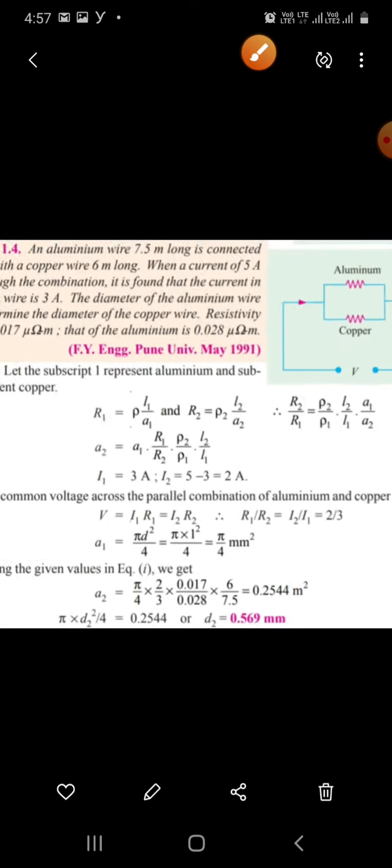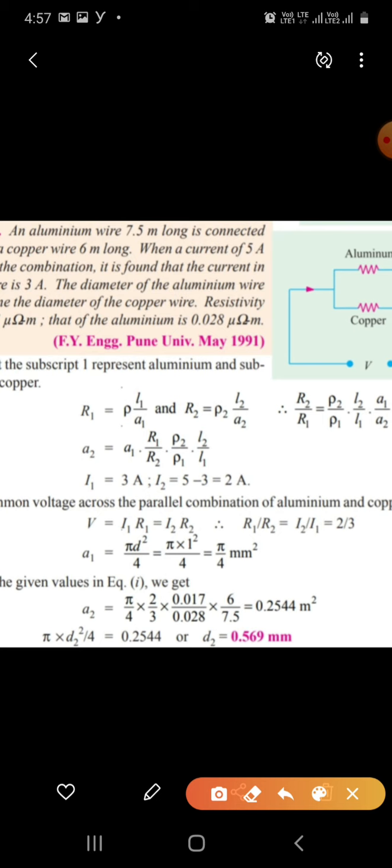Here is another thing I want to tell in this calculation. When I was writing the cross-sectional area of aluminum, that is A1, I have taken the section of the book, where it is also written as d square.